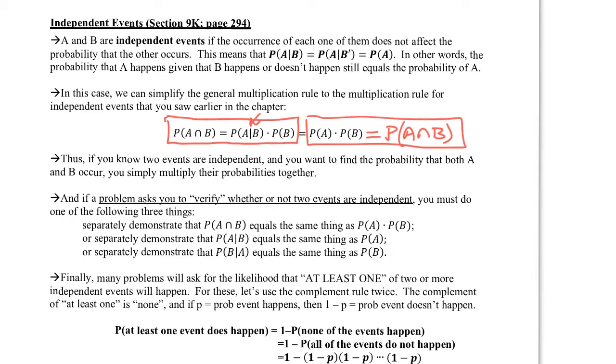So if you know two events are independent and you're asked to find the probability that both A and B occur, you're just going to multiply two probabilities together.